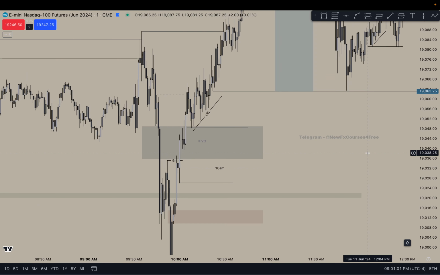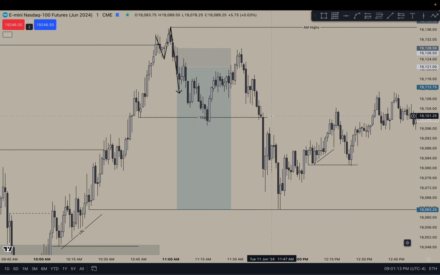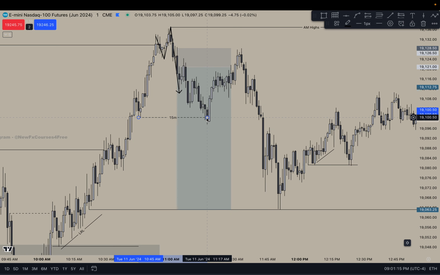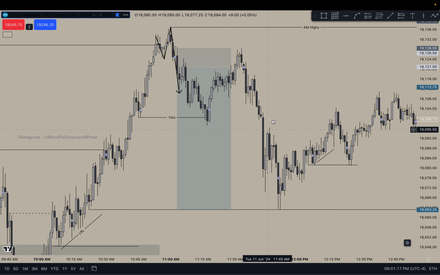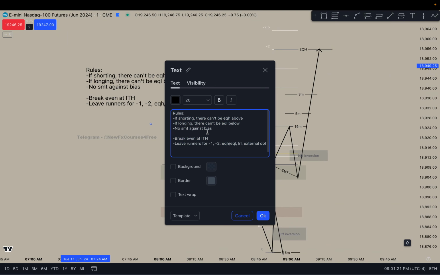Now I'm thinking about it, because SMT for fair value gaps, I barely see that happen, and when it does, it's usually NQ that's leading, so ES won't. I don't want to take this off, but I think I am.